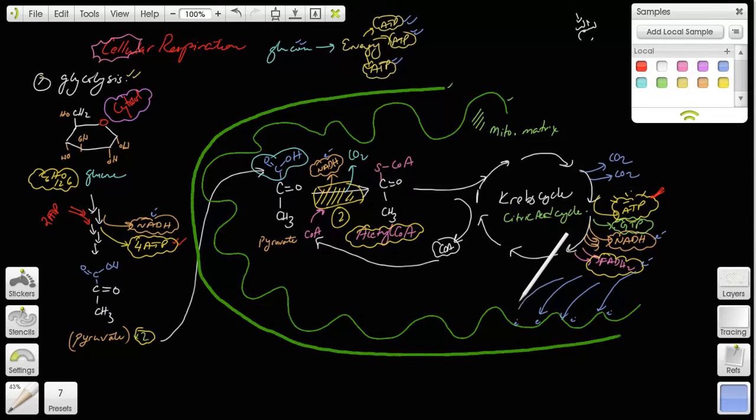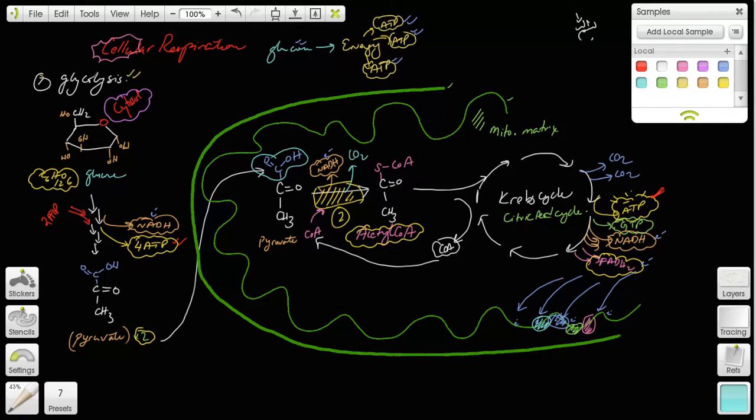Now, embedded in the inner mitochondrial membrane are proteins, and these transmembrane proteins, all of them in sequence, make up the electron transport chain.